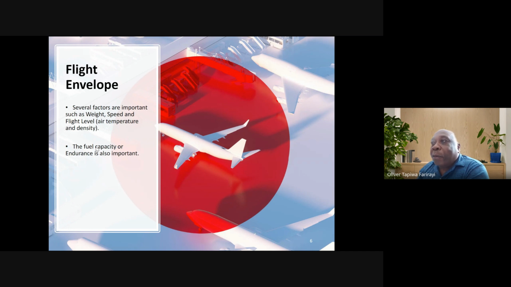So whatever we do here with this envelope, we must then say we've got enough to go flying without fearing for our endurance. We can still take off outside of this envelope, maybe, but maybe we will not reach our destination. So as an aircraft is flying, it's adjusting its weight, its speed, its flight level in terms of also air temperature and density.